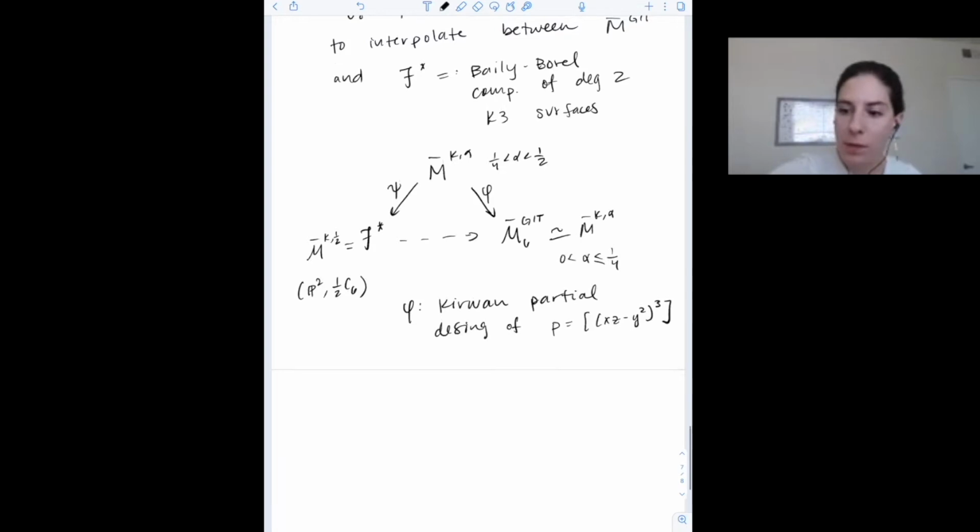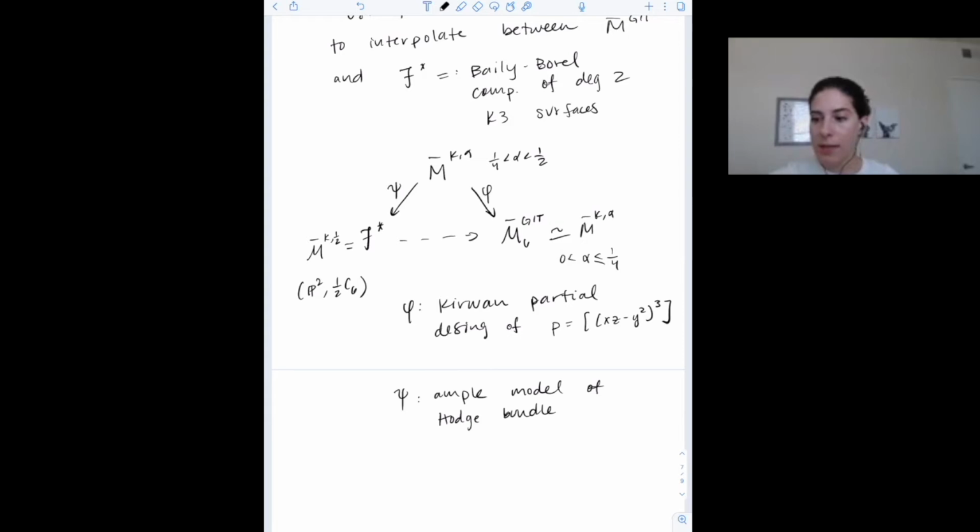And this map ψ also has a very explicit description. You could think of it as the ample model of the Hodge bundle on the K-moduli space. So up here, there's a Hodge bundle, and you can take the ample model to get the Baily-Borel compactification.